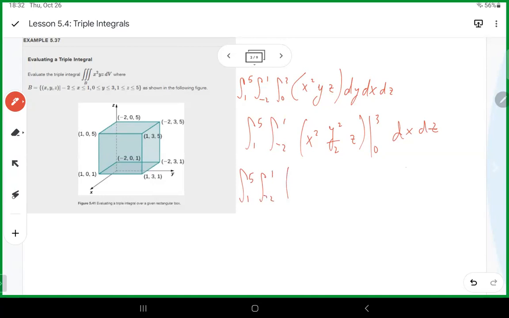And then if you put in your evaluation, you get 9/2 x squared z dx dz, and then 1 to 5. Oh, sorry, I skipped ahead to the evaluation step. So 9/2, and then x cubed over 3 z, -2 to 1, dz.